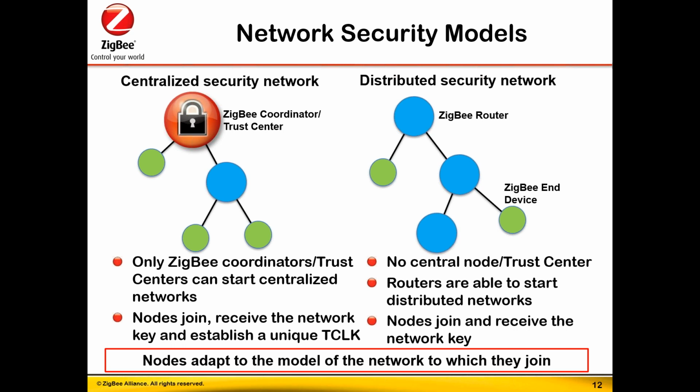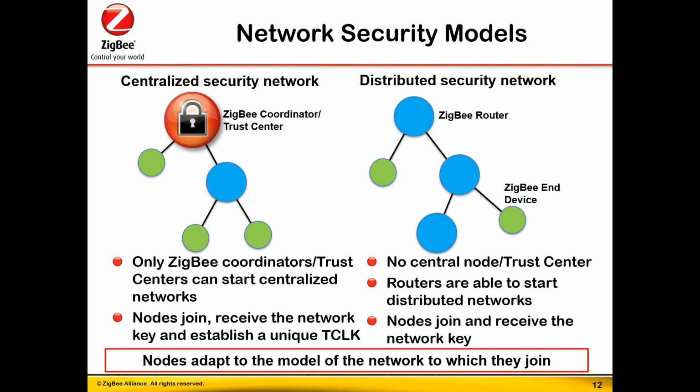But the diagram on the right is something that we've taken from our LightLink standard, and it's called a distributed security network. It differs from the centralized one in that there is no central node or trust center that looks after the network. In order to do that, we have enabled routers to start networks, which they couldn't do before. So they're able to start a distributed network, and devices that want to join such a network just go using the normal mechanisms of association. They receive the network key.